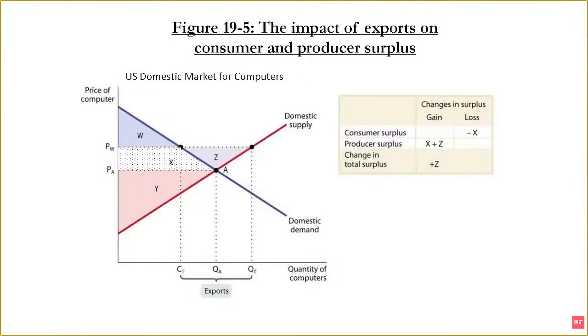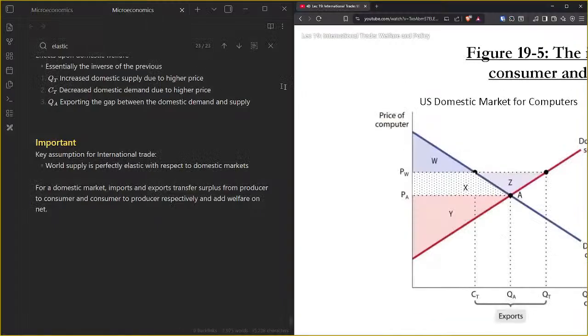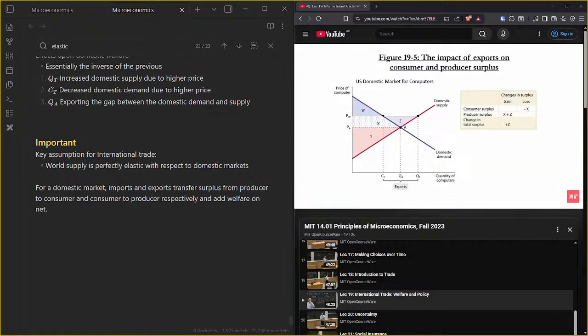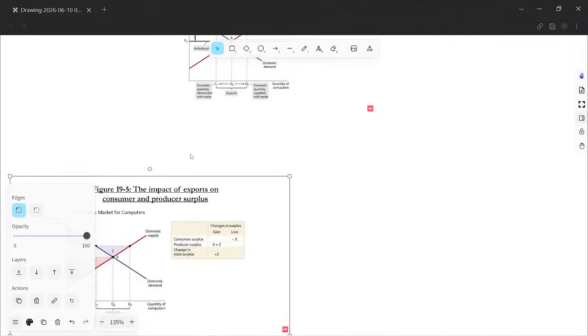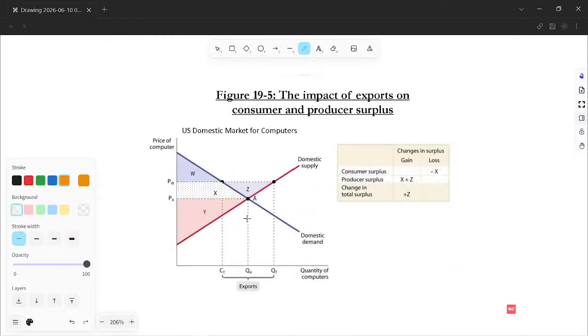Well, this is what we already. Okay. Under autarky, what is the consumer surplus? Well, under autarky, the consumer surplus is W plus X. And what is the producer surplus? It's Y. But then it's shifting.